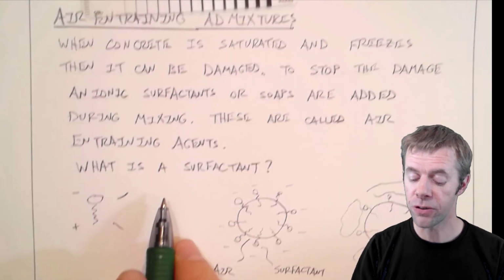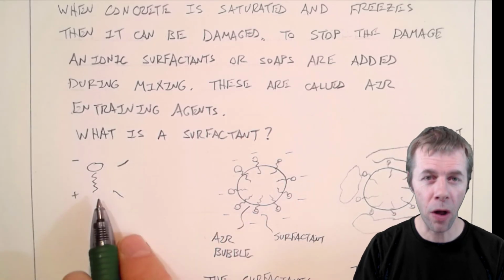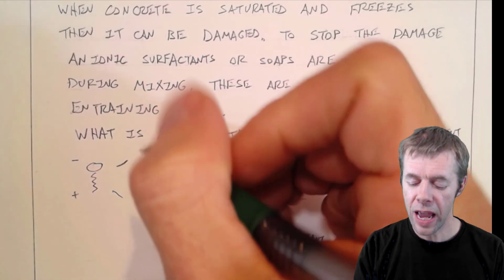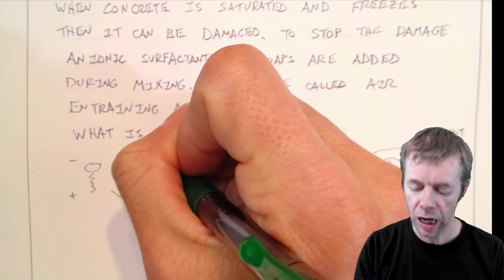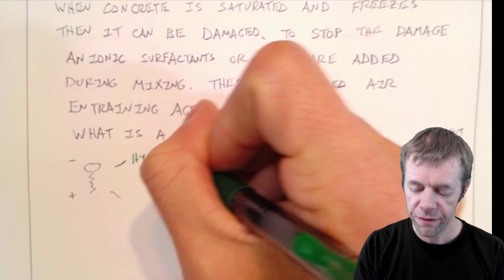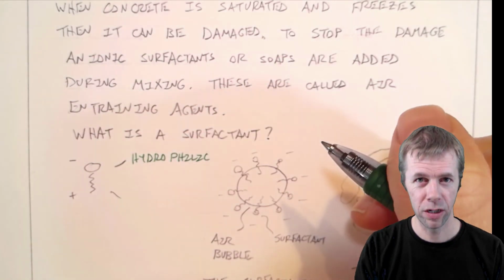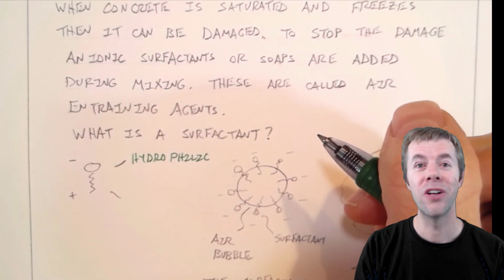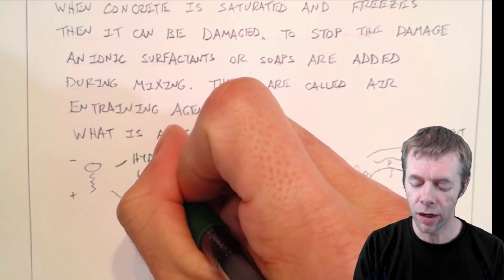First, they are surfactants. What's a surfactant? It's a special molecule that has a hydrophilic part. What's that mean? Hydro means water, philic means love. It's a part that loves water.